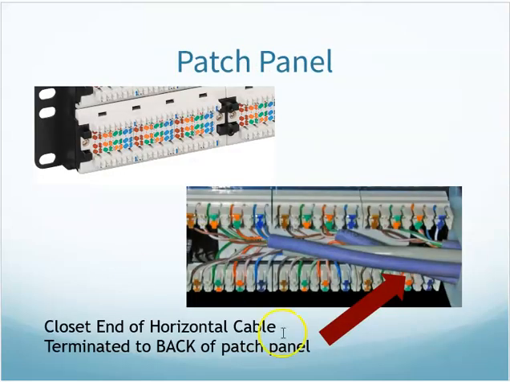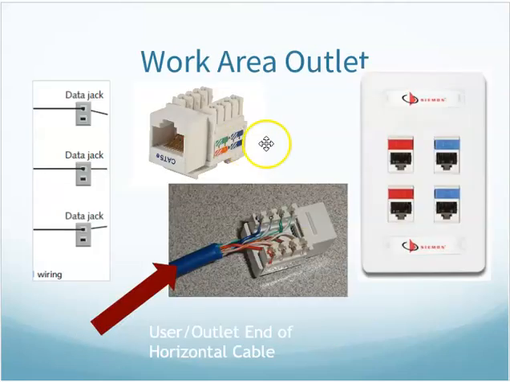So if I look at the back of the patch panel, I run into these 110 blocks that I'm terminating into. And this is the style we'll see in the lab when we're doing our terminations. You'll line up the pair over the color bar for it, if you will, and we'll try to slide the pair over, then terminate it and punch it in. So one end is getting terminated to the patch panel, the other is getting terminated to an outlet jack like so.